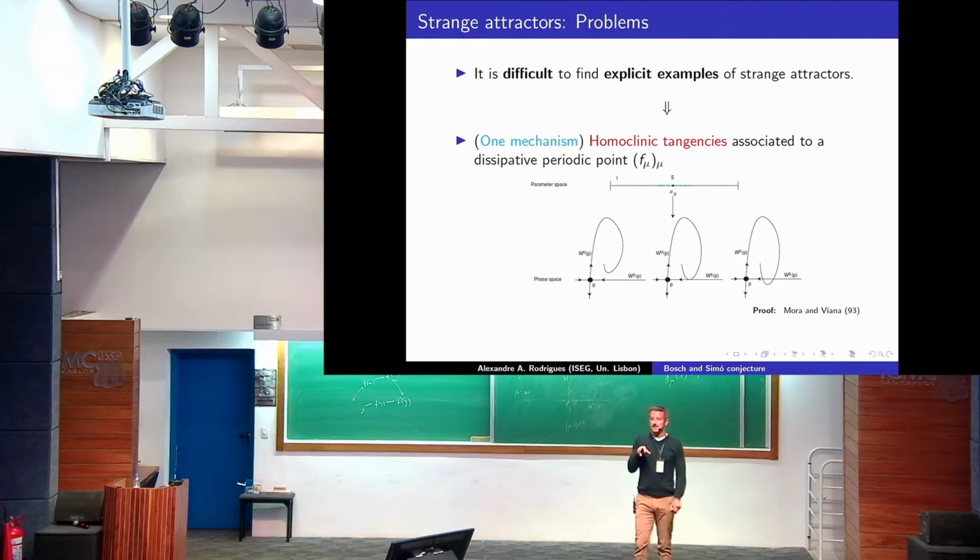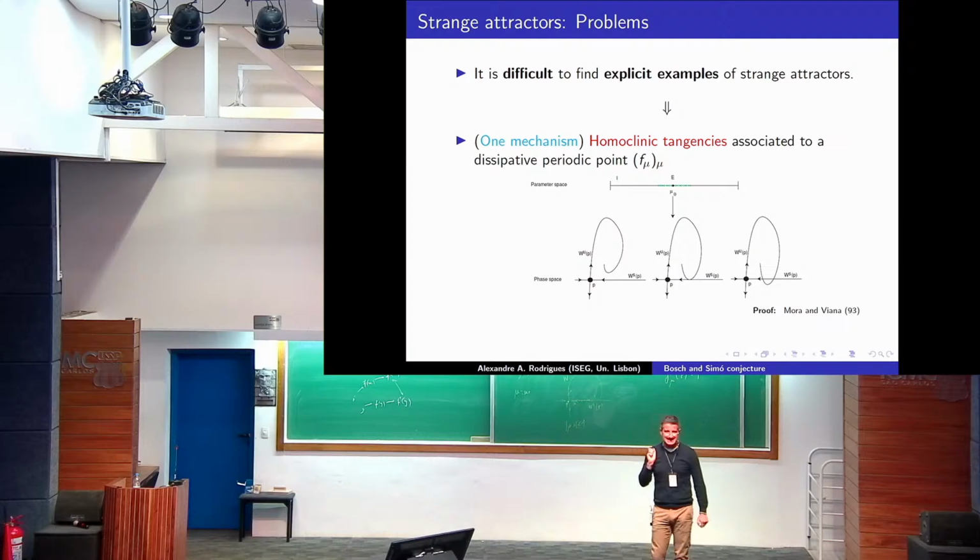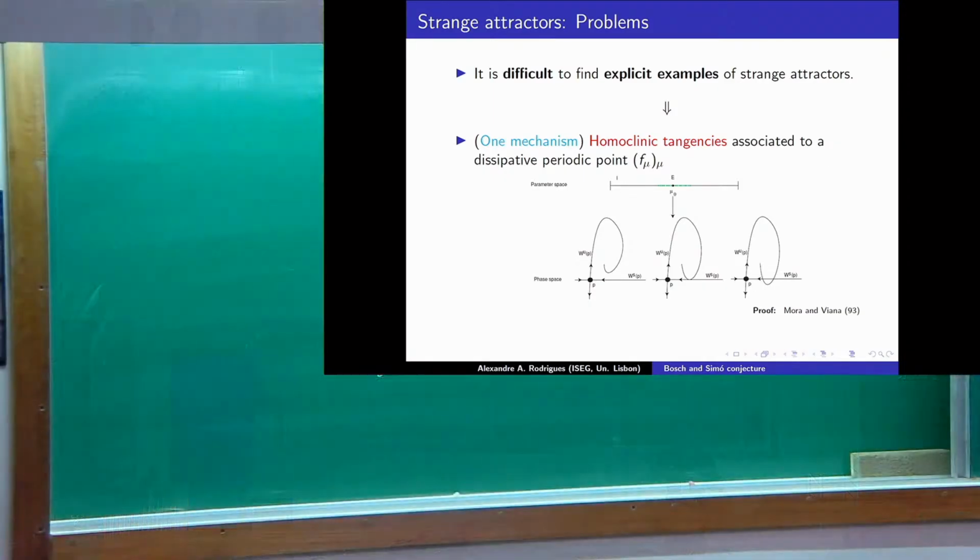Mora and Viana proved the following: there exists a set of positive Lebesgue measure in the parameter space for which the corresponding map exhibits a strange attractor. So they exhibit here a strange attractor when I unfold the tangency. I have a tangency.